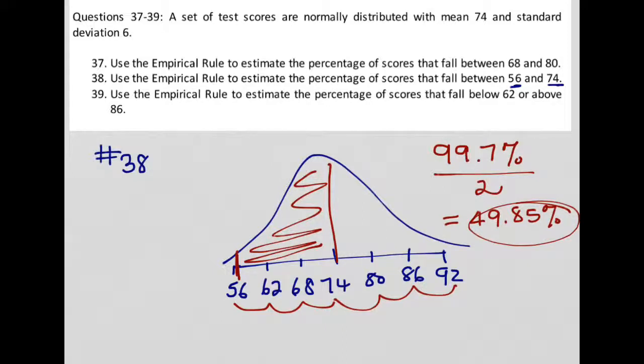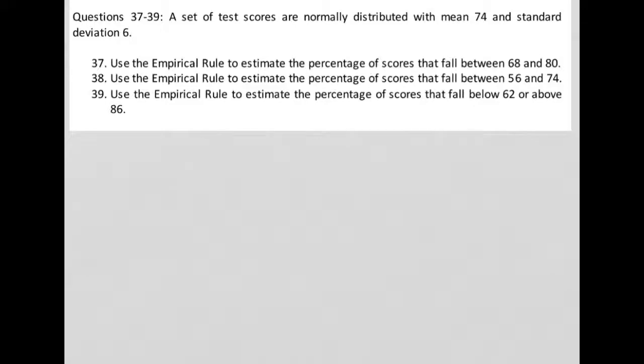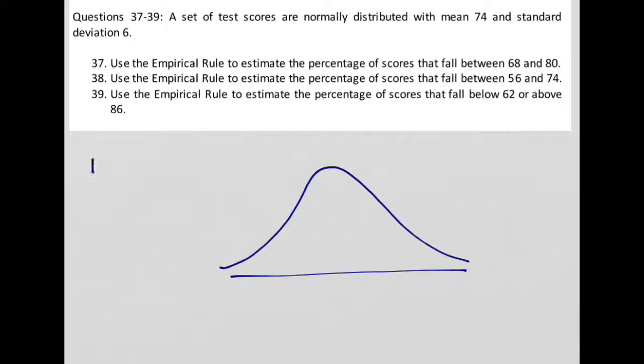In 39, it says to use the empirical rule to estimate the percentage of scores that fall below 62 or above 86. So let's draw this again. This is number 39.